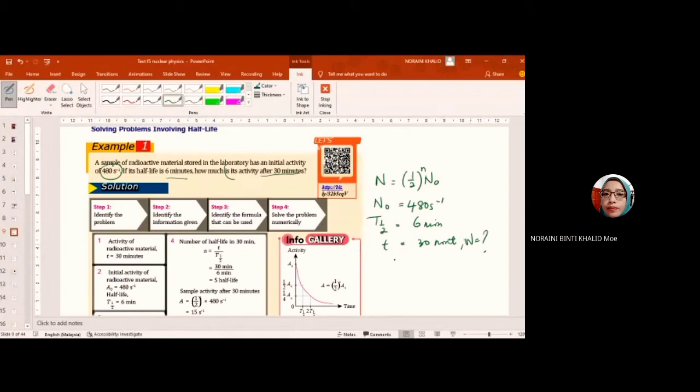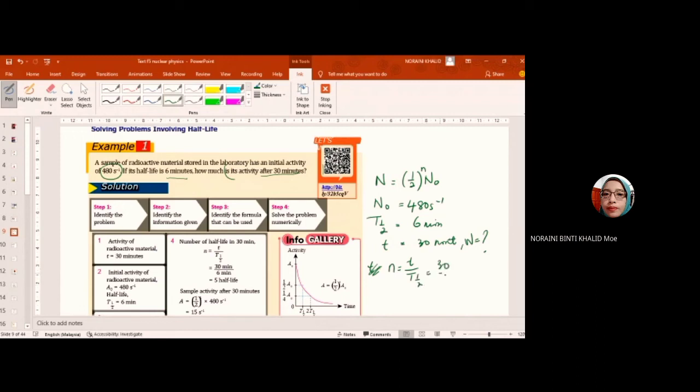So for the time taken of 30 minutes, how many half-lives does the radioactive material pass through to become a certain value of activity? We can determine the number of half-lives, which is n equals t divided by half-life.